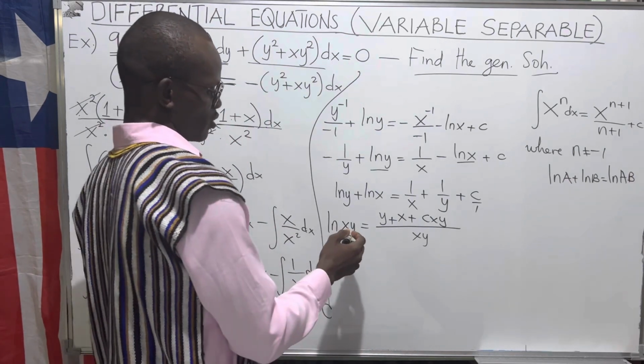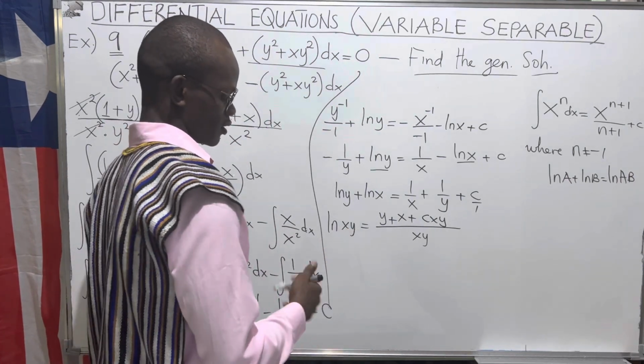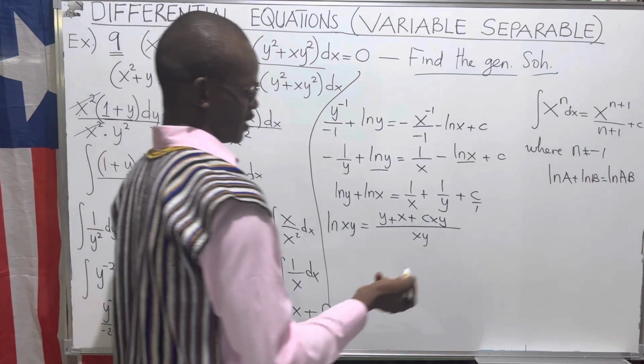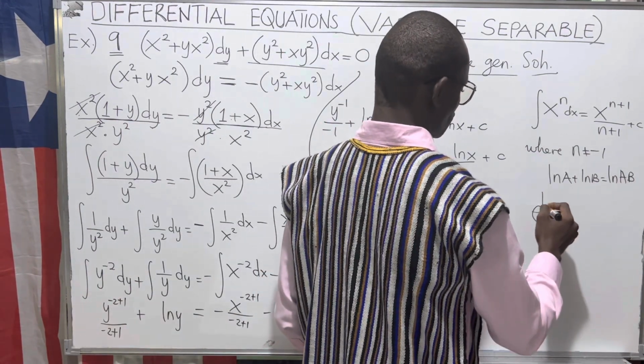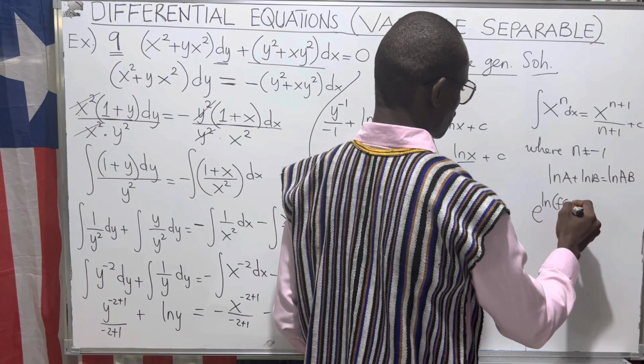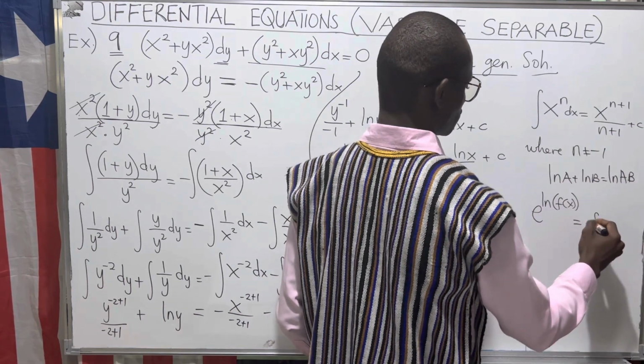So now I want to solve for y, for example. We just want to get rid of this ln. So we know that e raised to the ln of a function is just equal to that function.